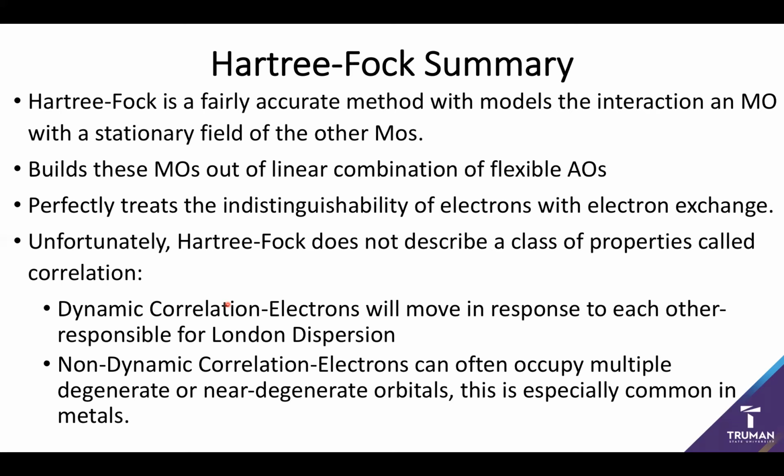And this is a fun phenomenon that we've seen several times before, where I have single electrons spread out over degenerate molecular orbitals or near degenerate molecular orbitals. So as a consequence, you get more non-dynamic correlation, which is very common in conjugated pi systems, the bigger they are, the more present it is. But most importantly, in metals, which have so many d orbitals so close in energy that the non-dynamic correlation can become a major player. And in these cases, it turns out Hartree-Fock doesn't do quite so well.